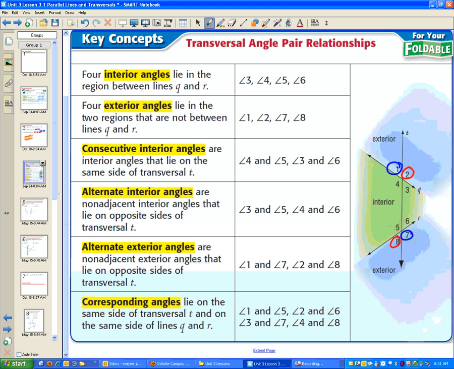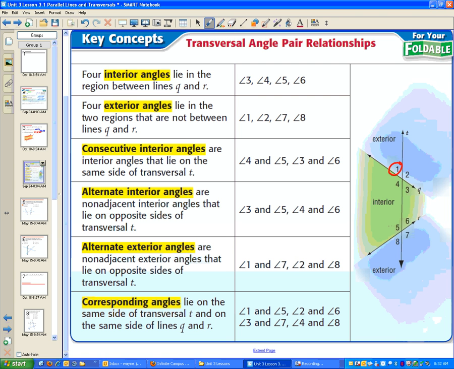All right? And then the last kind we have to identify for now, corresponding angles, lie on the same side of the transversal and on the same side of lines Q and R. So, I'll start with angle 1.